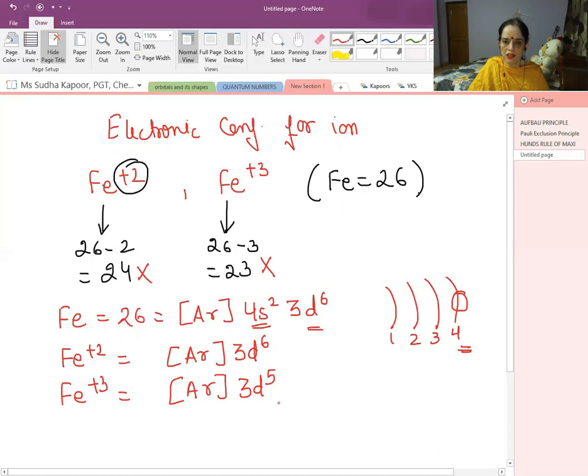Okay, so while writing the configuration for ions, always remember that first to write the neutral atom configuration, and then remove accordingly. So this is all about how to fill the electronic configuration, following the various principles and rules, and how to write the electronic configuration for the ions.